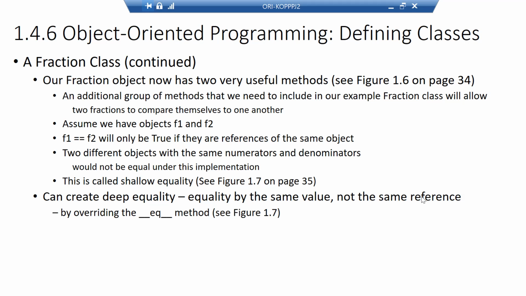Two different objects with the same numerators and denominators will not be equal under the implementation. This is called shallow equality, and this is in Figure 7.1 on page 35. Okay, so you can see that here. Whoops, wrong one. Need 7.1. That up here.